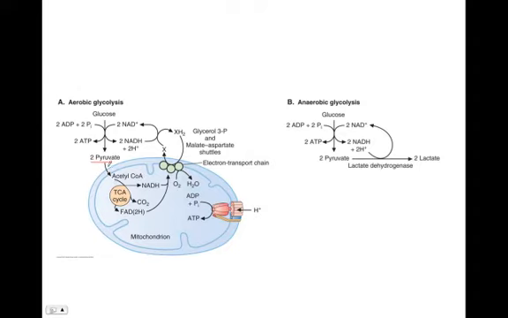The enzyme that's responsible for the conversion of pyruvate to acetyl-CoA is pyruvate dehydrogenase complex. This is in contrast again to anaerobic glycolysis, where pyruvate is converted to lactate. So again, let's look at how pyruvate gets to acetyl-CoA.